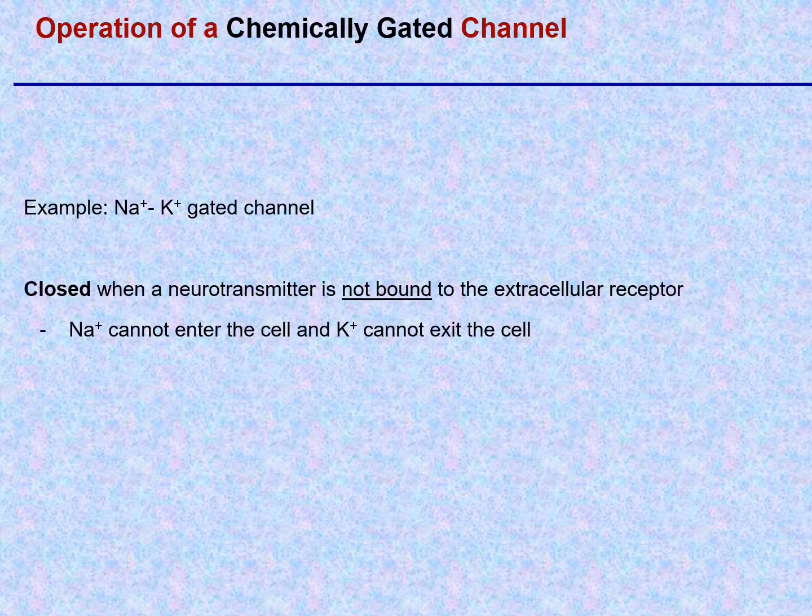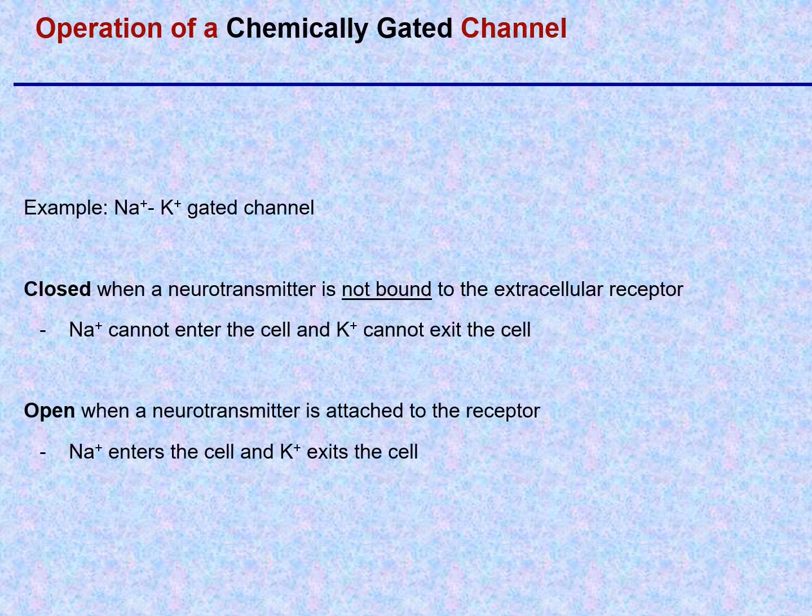In terms of the operation of chemically gated channels, an example would be sodium, potassium gated channels. They are closed when the neurotransmitter that they respond to is not bound to the extracellular receptor. In that case, sodium cannot enter the cell and potassium cannot exit the cell.